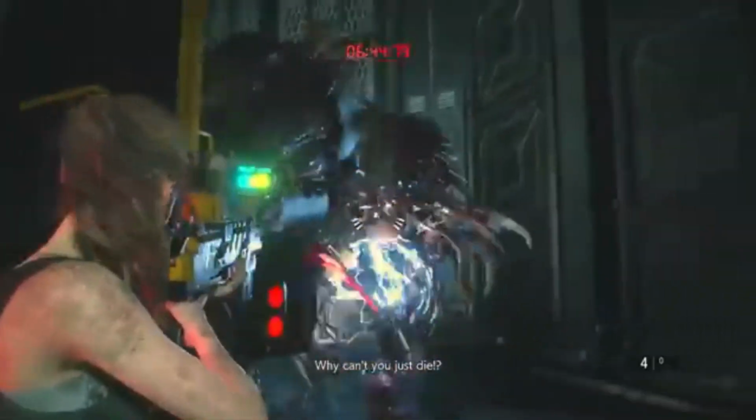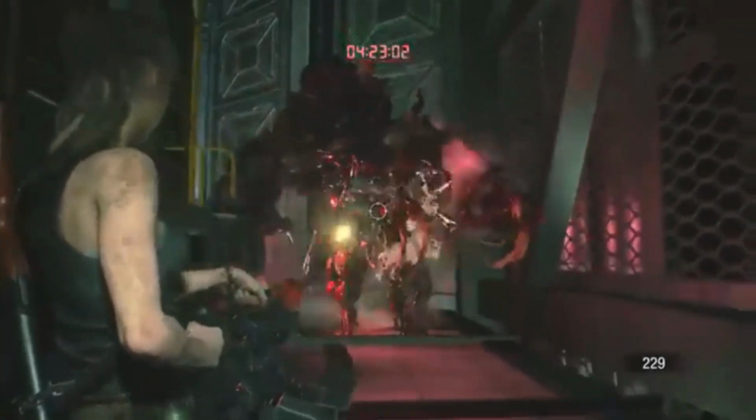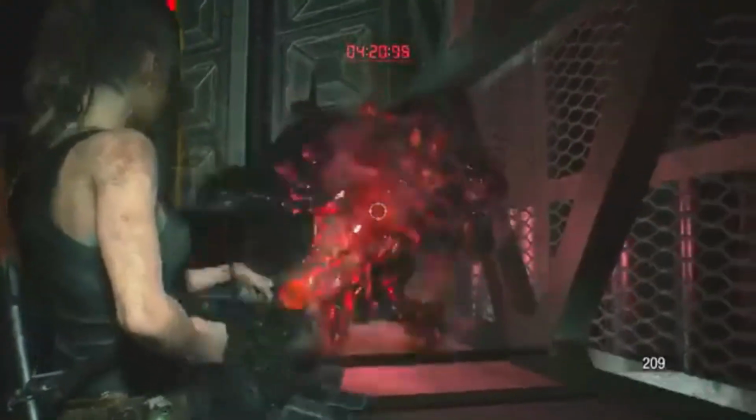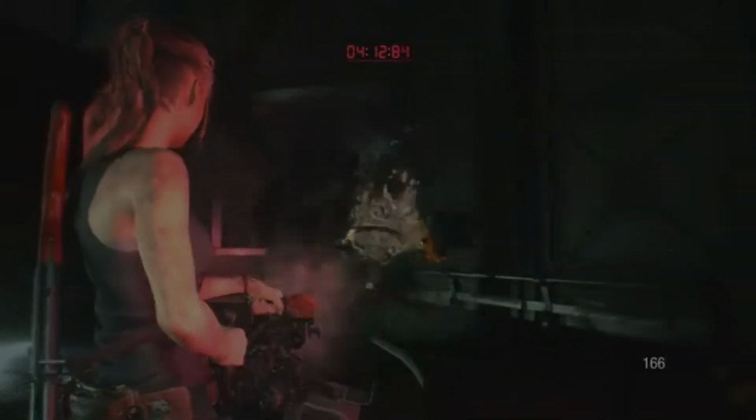The most notable case of this parasitic reproduction is that of Sherry Birkin, William's daughter, who was infected with a G-virus larva. This larva was introduced into her body to cultivate the infection within her, turning her into a breeding ground for the virus. In Resident Evil 2, Sherry's infection becomes a central element of the story, as her life is in danger due to this parasitization.